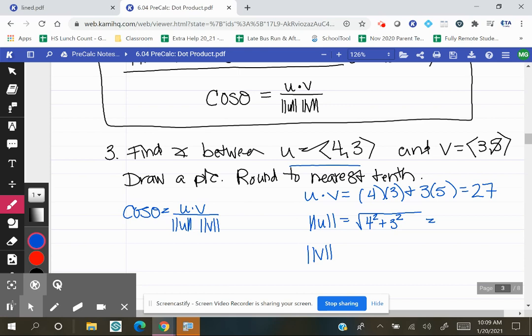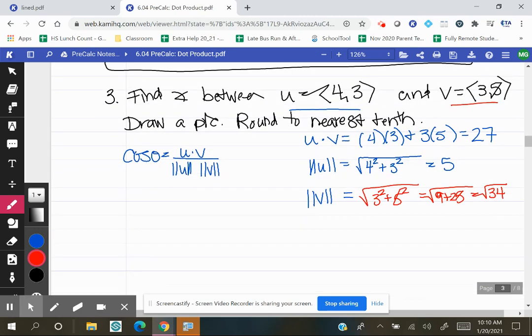That's 16 plus 9, square root of 25 is 5. The magnitude of v, which is 3, 5, is the square root of 3 squared plus 5 squared. So that's 9 plus 25, which gives us the square root of 34.